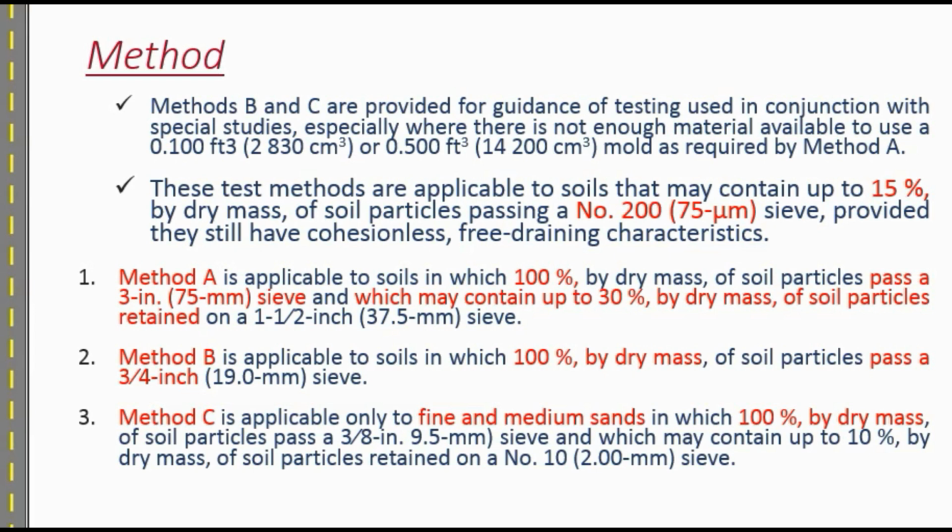On the other hand, method B is applicable to soil in which 100% by dry mass of the soil particles pass a 3/4 inch or 19 mm sieve, whereas method C is applicable only to fine and medium sands in which 100% by dry mass of the soil particles pass the 9.5 mm or 3/8 inch sieve and which may contain up to 10% by dry mass of soil particles retained on the number 10 or 2 mm sieve. These are the provisions of the methods on which basis we can select our soil specimen according to the percentage passing the required sieve.